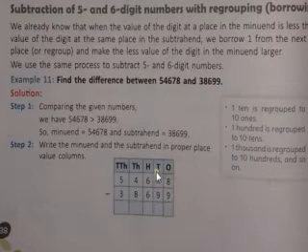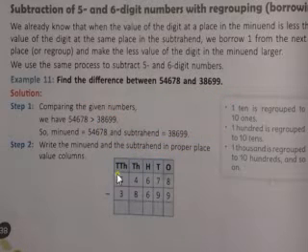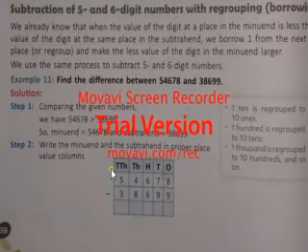In that case, we borrow from the next digit, and when we borrow, it becomes 10. When tens will take borrow from 100, then also it will become 10. When 100 will take borrow from 1000, then also it will become 10. And when 1000 will take borrow from 10,000, then also it will become 10. That means when we go one digit forward, the borrow which the other digit gives us becomes tens for the previous digit.